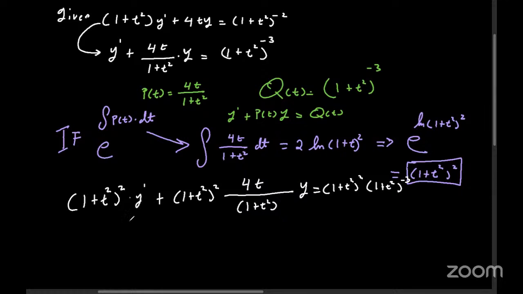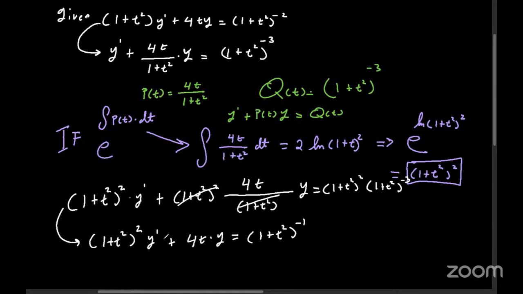So then we get, so messy, but you got to do all the algebra too. 1 plus t squared, squared y prime plus, this is just going to cancel, 4t over 1 plus t squared, y equals 1 plus t squared to the negative first. So that's where I think we are at this point.